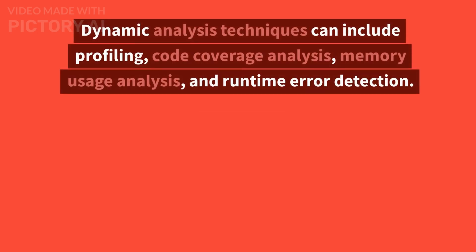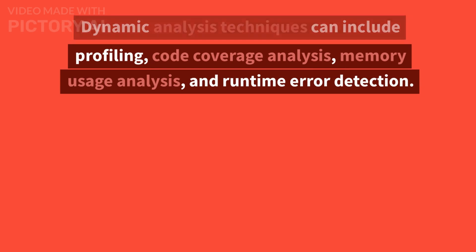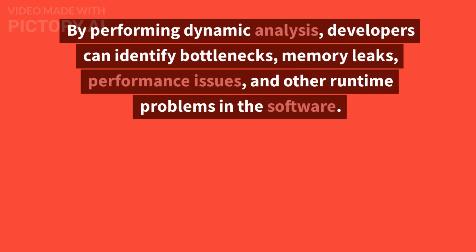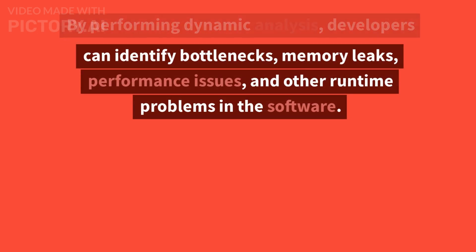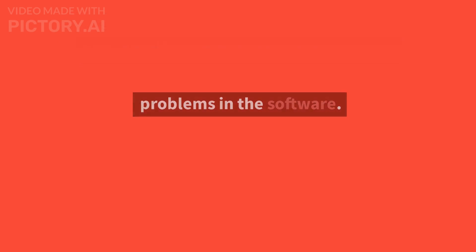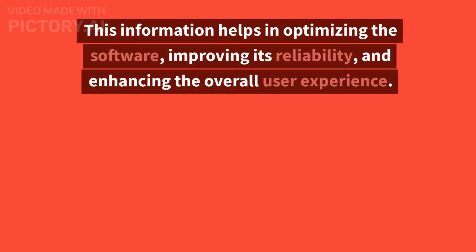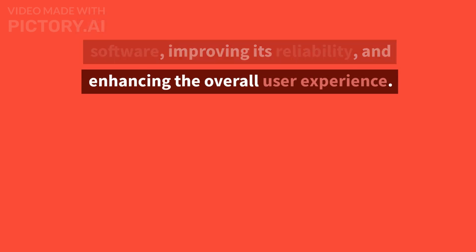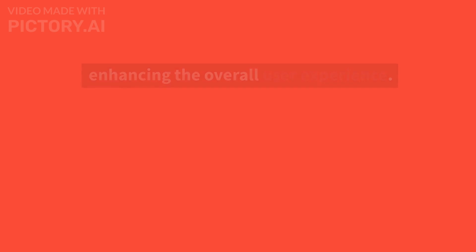Dynamic analysis techniques can include profiling, code coverage analysis, memory usage analysis, and runtime error detection. By performing dynamic analysis, developers can identify bottlenecks, memory leaks, performance issues, and other runtime problems in the software. This information helps in optimizing the software, improving its reliability, and enhancing the overall user experience.